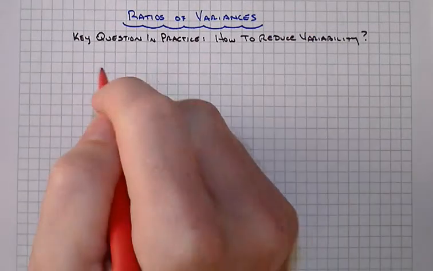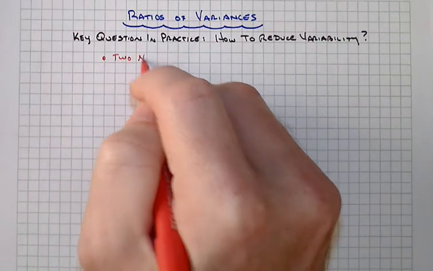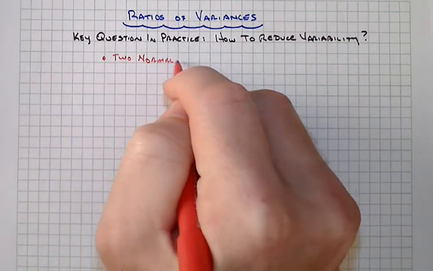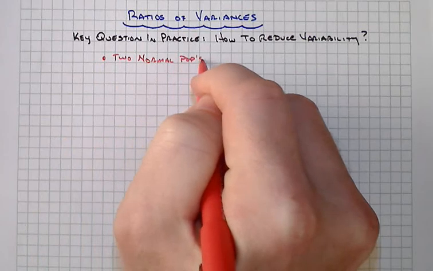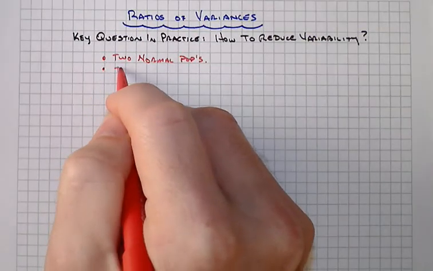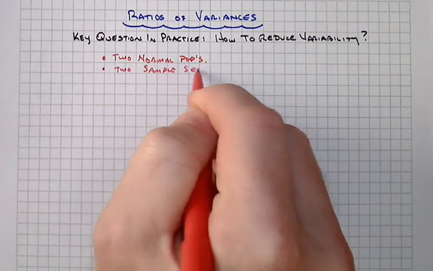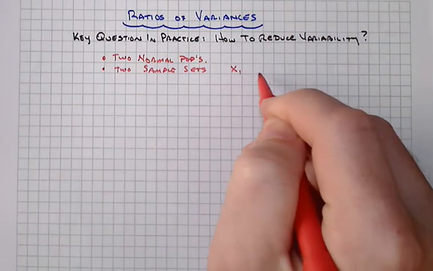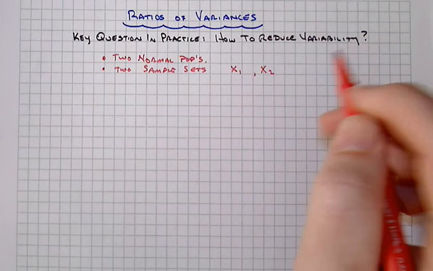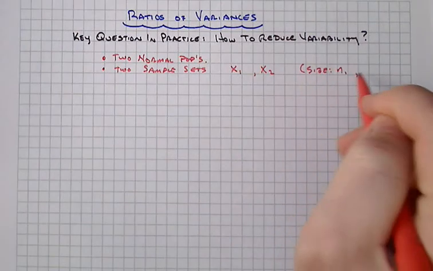A couple of key things here as we develop this work, and that is that we're coming out of two normal populations. That's crucial in the validity of the work. And in terms of our notation, we're dealing with two sample sets, x1, x2, where they have size of n1 and n2.